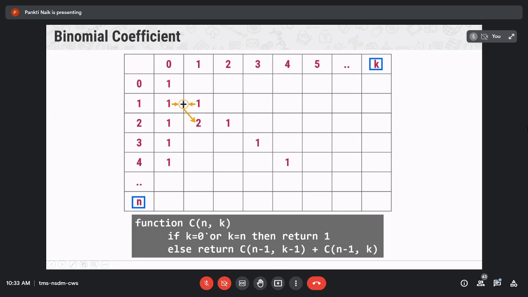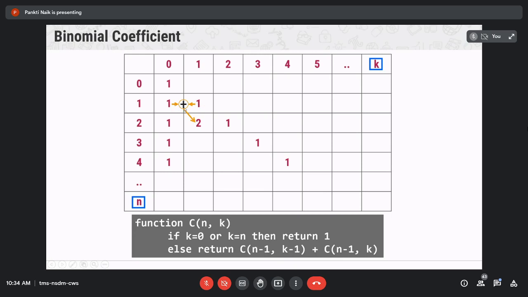Here n is equal to 2 and k is equal to 1. Put n is equal to 2 and k is equal to 1 here. Put all these values into this equation. So n is equal to 2, 2 minus 1, C(1, 0). C(1, 0) is 1, right? Plus C(2-1, that is 1, 1). C(1, 1) is 1, right?